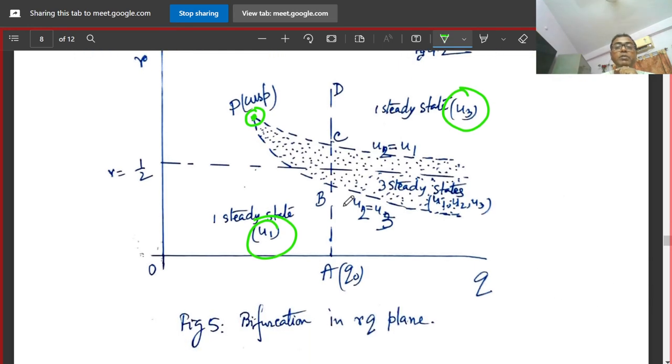Sorry, figure 5, this is figure 5. Q is equal to Q0, which is fixed. This point is Q0, and we go from point A to B, then B to C, then C to D.